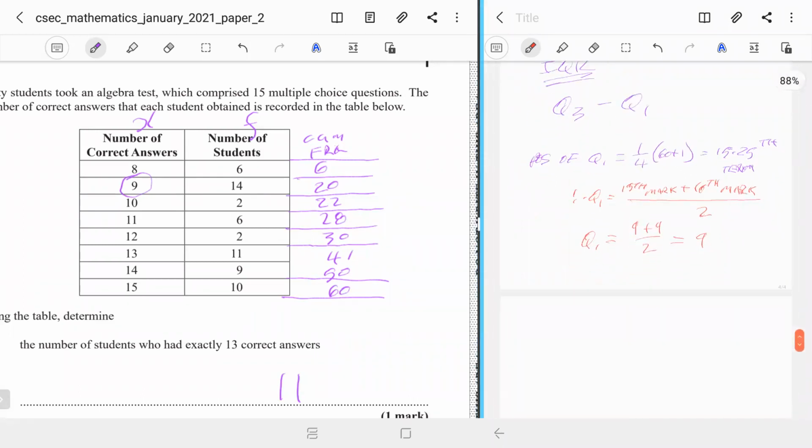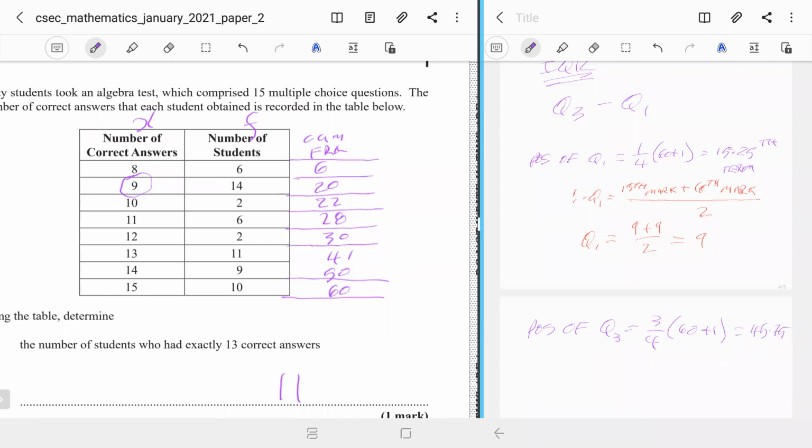Let's look at Q3 now. The position of Q3 is 3/4 of 60 plus 1 term, which is what? 3/4 of 60 plus 1. Talk to me, what is that? 45.75, sir.